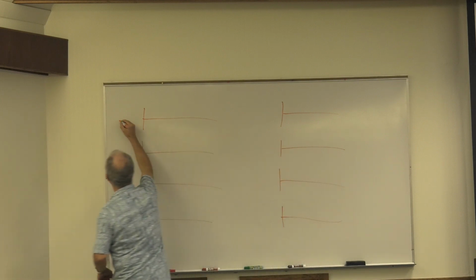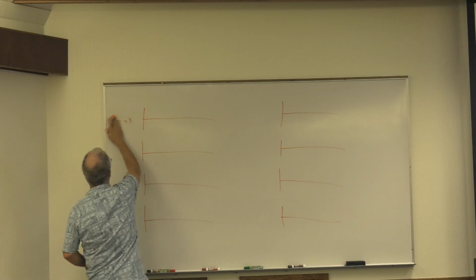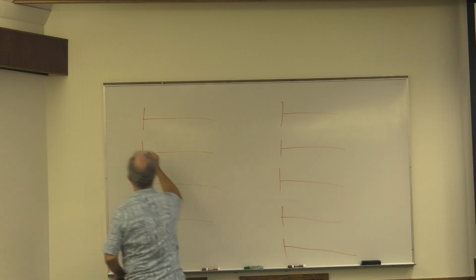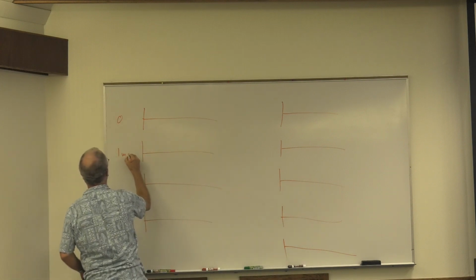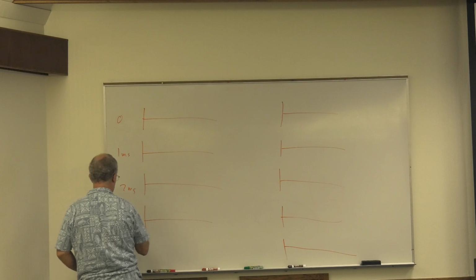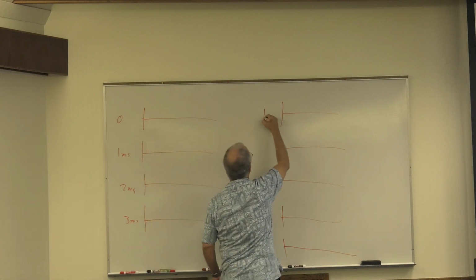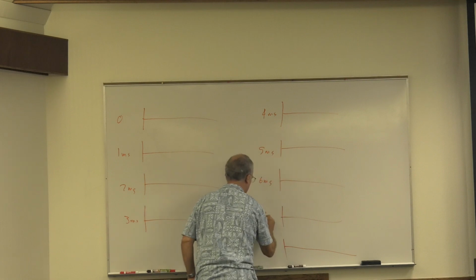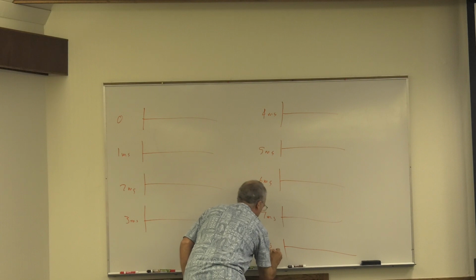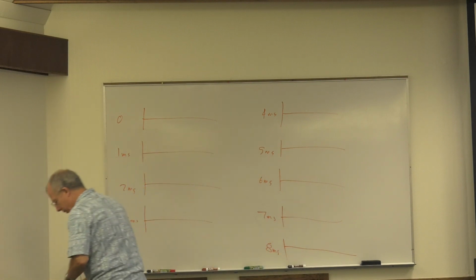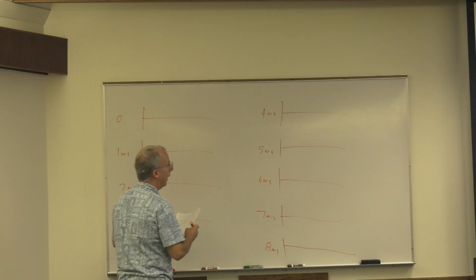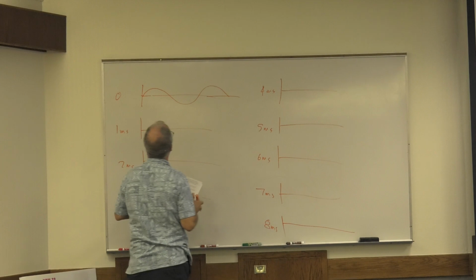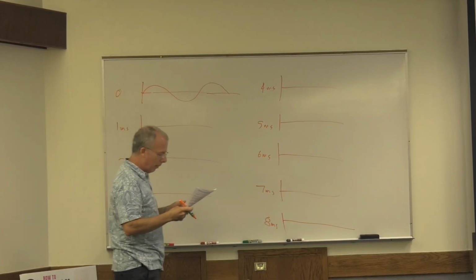So this is 0, this is 1, 2, 3, 4. All right, I'm not an artist, so don't get too picky on me. That's what it looks like at t equals 0 milliseconds.